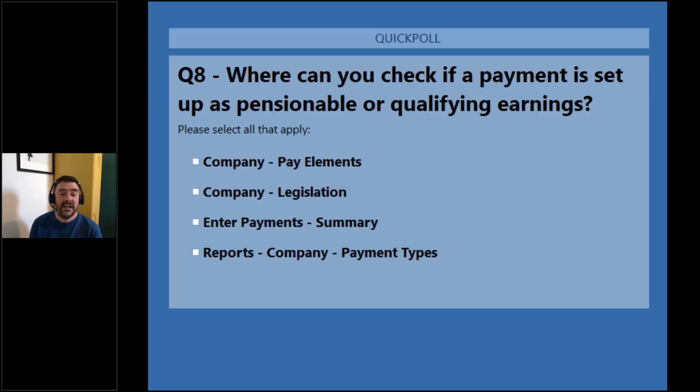Is it from company and legislation? Could you check it from enter payments on the summary tab? Could it be checked in reports, company reports, and then the payment types report? So again, select all that apply. Where can you check if a payment is set up as pensionable or qualifying earnings?